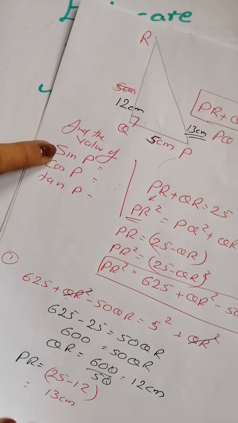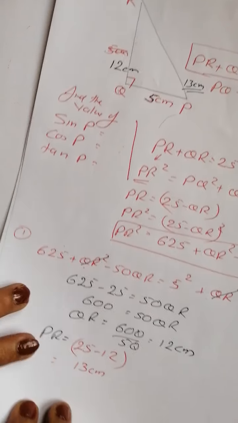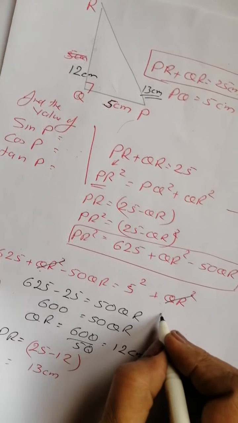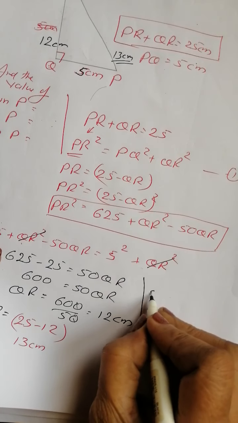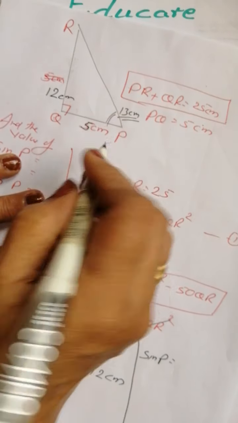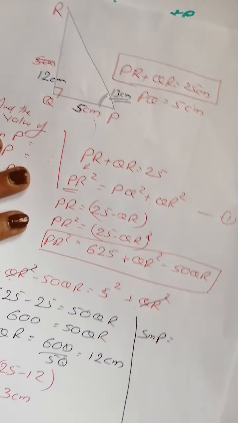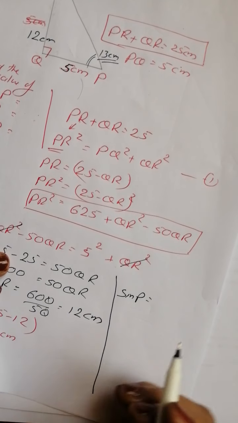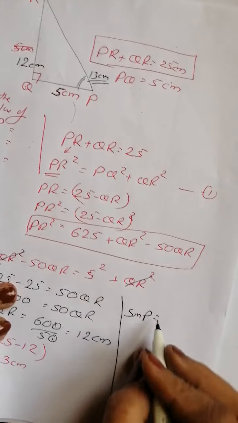Got it? Now what is sin P? We can evaluate all the values. Sin P is equal to, QR is the opposite side because they have given sin P. Sin P is equal to 12 by 13.